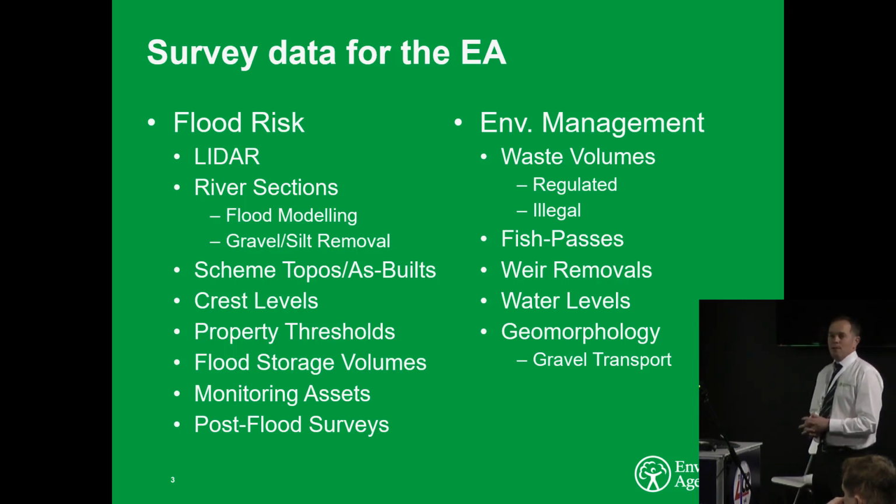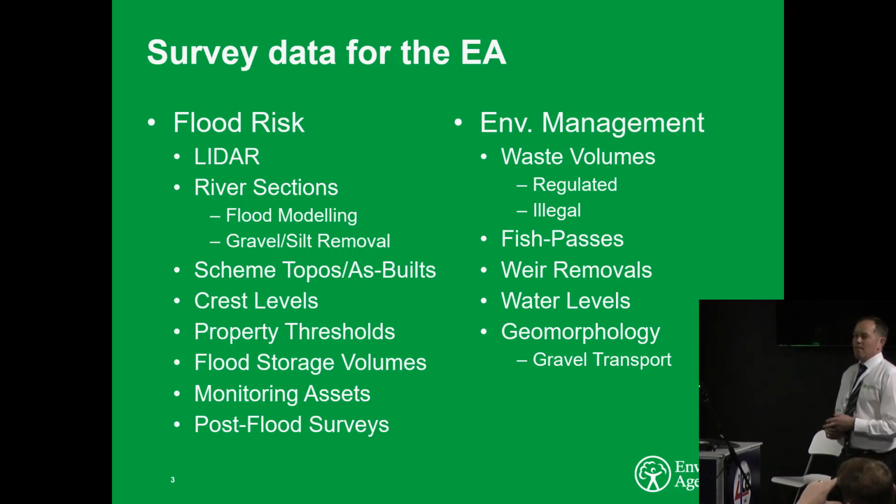We're very reluctant to use the word dredging within the Environment Agency, but we do remove gravel and silt from watercourses if there's a risk of flooding. In the past, we used to remove gravel because that's what our ops guys did. They could see the gravel shoal in the river, and they would take it out. Now it's more evidence-based.